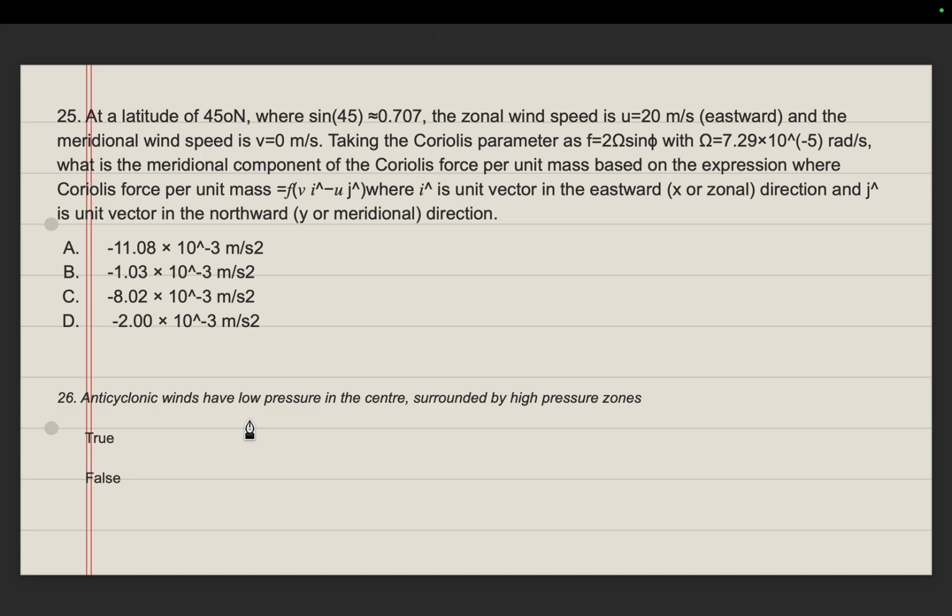Question 25. This is another Coriolis effect question which we will solve just by the mathematical equation.